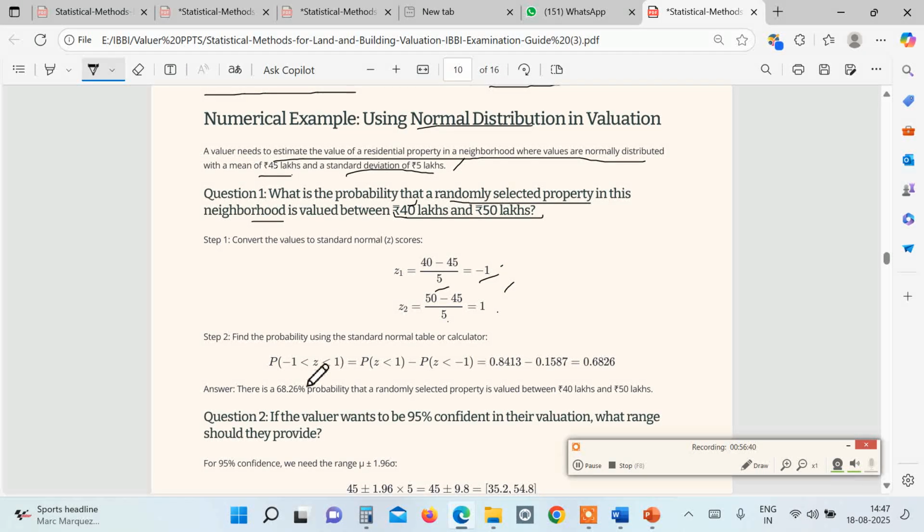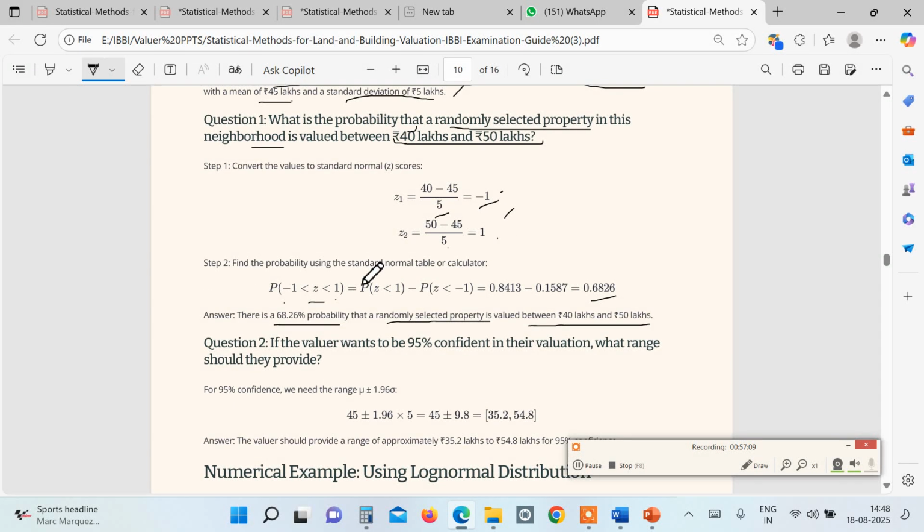So P(minus 1 < Z < 1), if you calculate its value with the calculator, comes out to be 0.6826. So it means there is a 68.26% probability that a randomly selected property is valued between 40 lakh and 50 lakh.